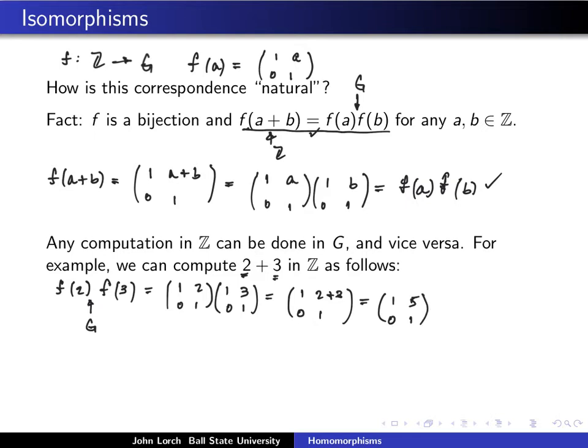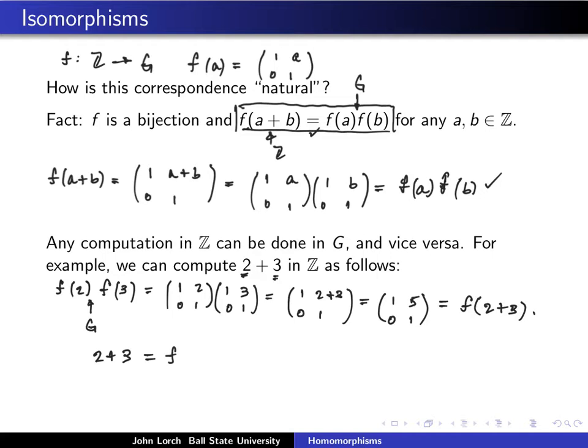Now we know from up top that this function preserves the operation, and so really this thing is not only f of 2 times f of 3, it's f of 2 plus 3. And therefore, if I want to compute 2 plus 3 in the integers, how do I get that? Well, f is a bijection, and so it has an inverse function.